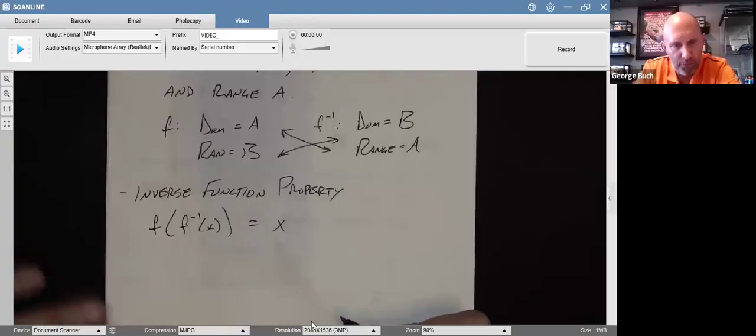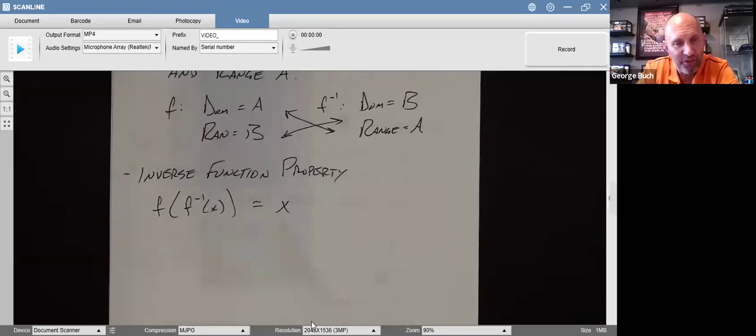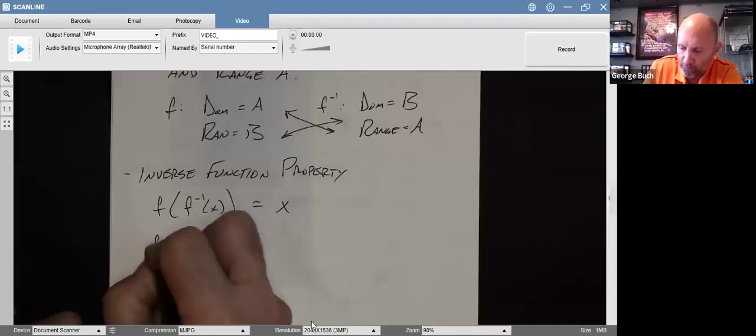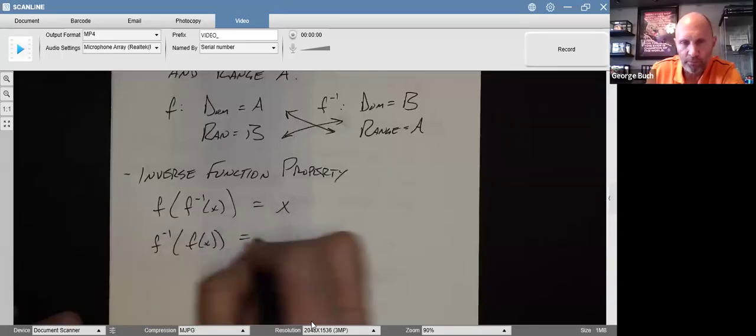So if I take the inverse function, plug it into f, and simplify, and I end up with just x, then I know these two are inverses of each other. If I'm given two functions and the question is, are these guys inverses of each other? That's how I can test. Just plug one into the other, and if I get x as my final answer, then the answer is yes. And similarly, f inverse of f of x is also equal to x.